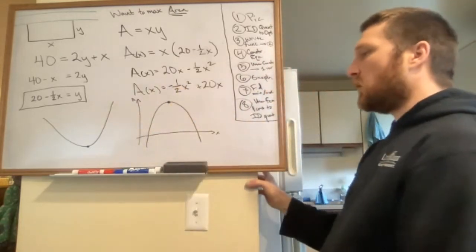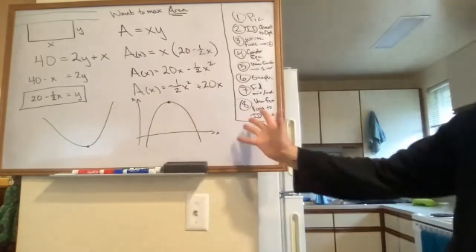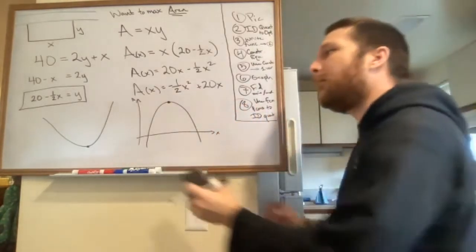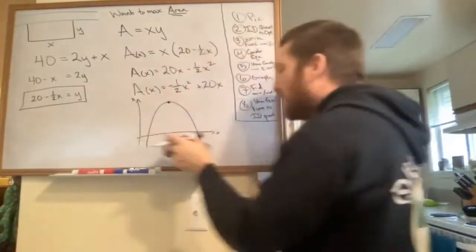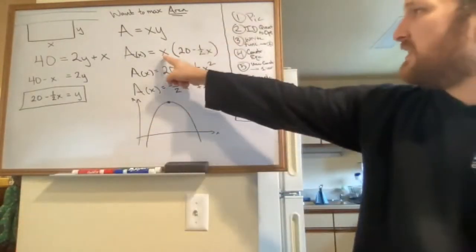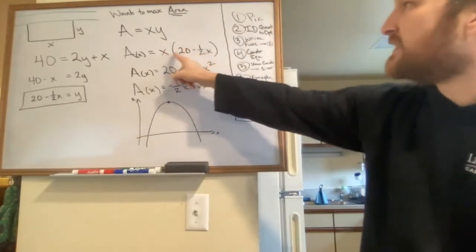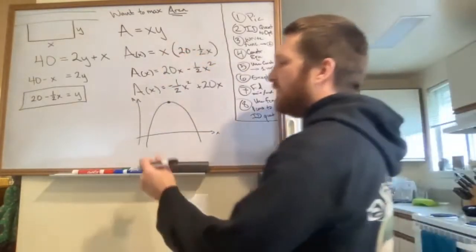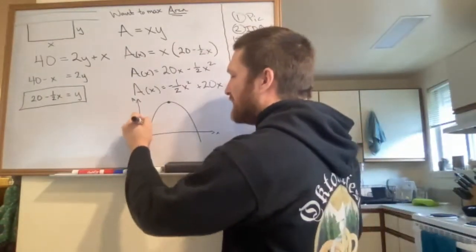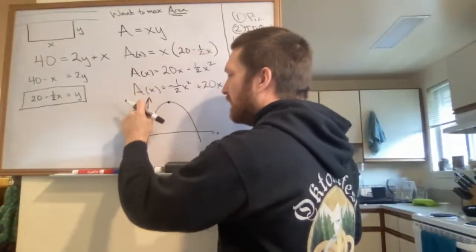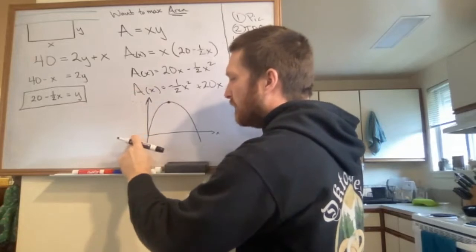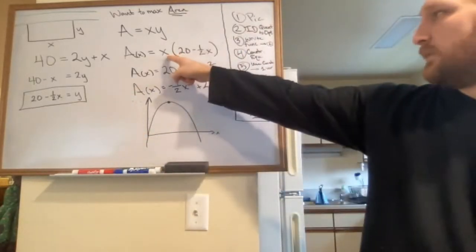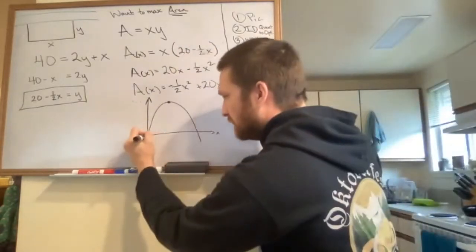Okay, so the graphing, you don't need to worry about doing it very well, but one thing to notice is that when this is factored, it's easy to find the zeros. I could see that it has to go through right here, because one of the zeros is 0.